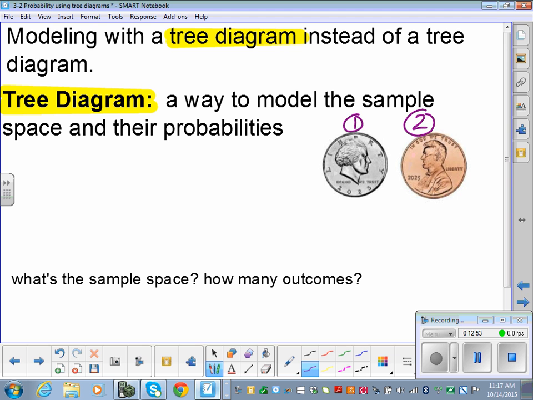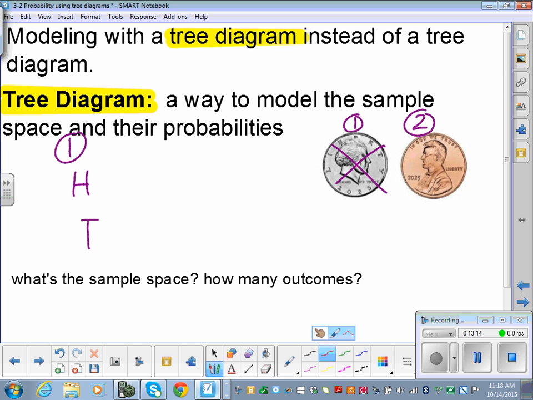So on my first event, I'm going to flip a coin, and I'm going to list the possible outcomes. On my first event, I'm either going to get a heads or a tails. Does everybody understand that? My first coin I toss is either a heads or tails. We've had event 1 happen.